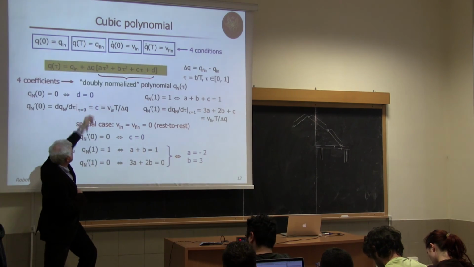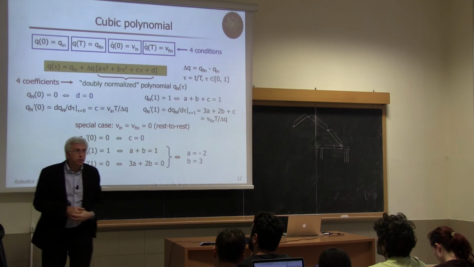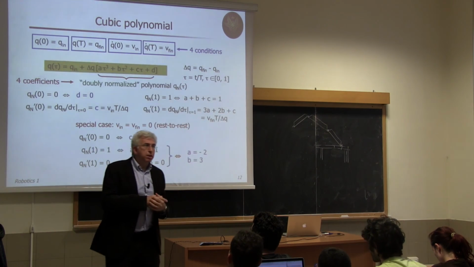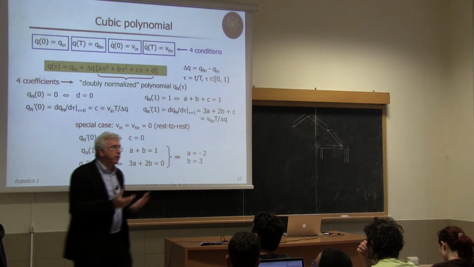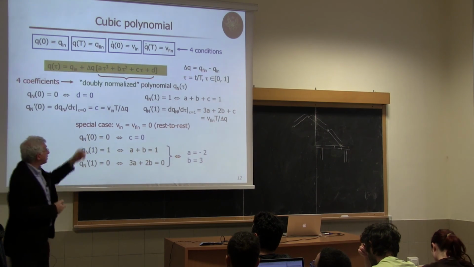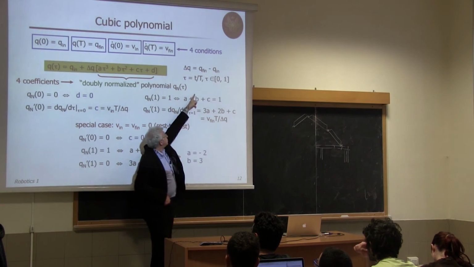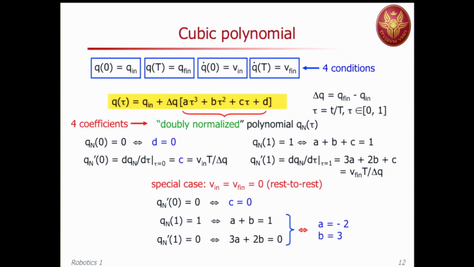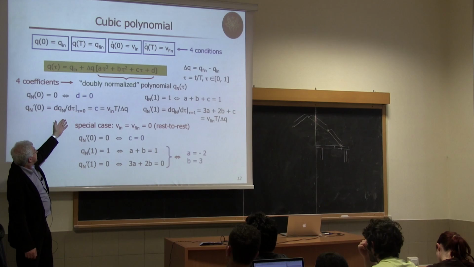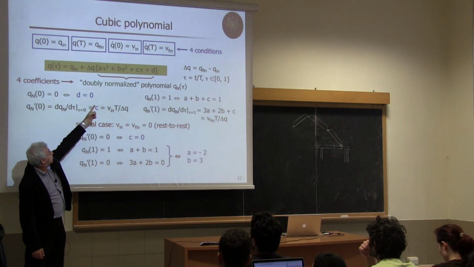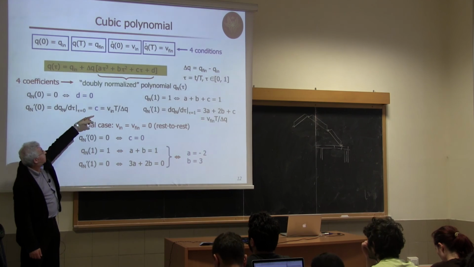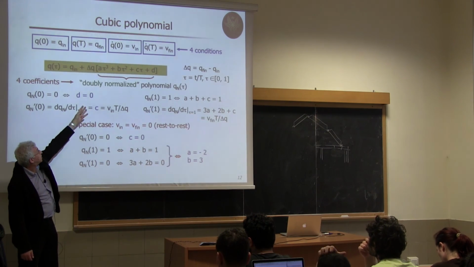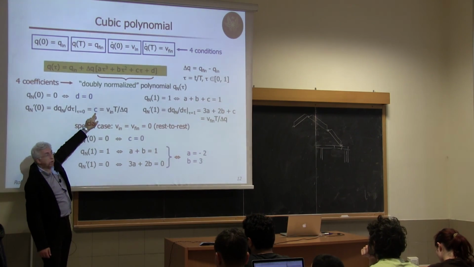And then I should take into account that the derivative with respect to tau is related to the derivative with respect to t by a factor 1 over T, because tau is t over T. So when I'm taking the derivative with respect to time or with respect to tau, there's a factor 1 over T of difference. So if I do the derivative with respect to tau of that function and evaluate it for tau equals 0, what is left is only the c coefficient.